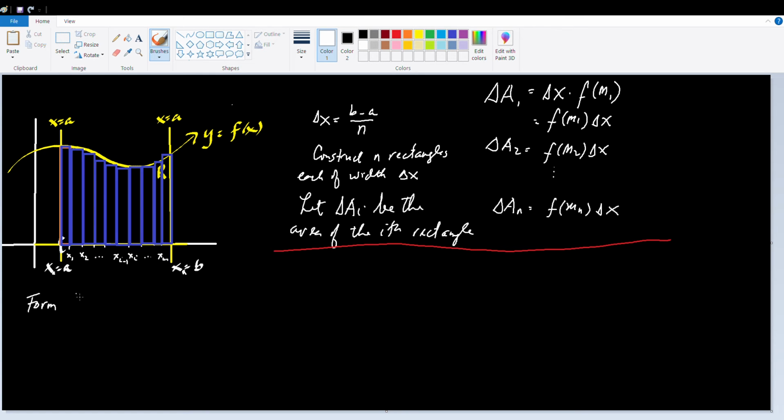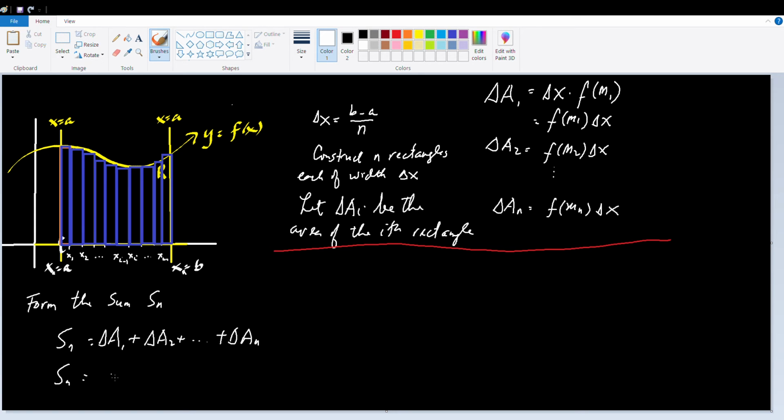We form the sum Sn. So Sn is equal to delta A sub 1 plus delta A sub 2 up to delta A sub n.